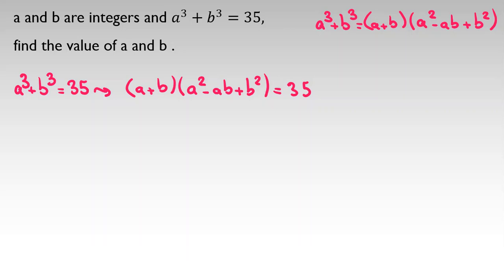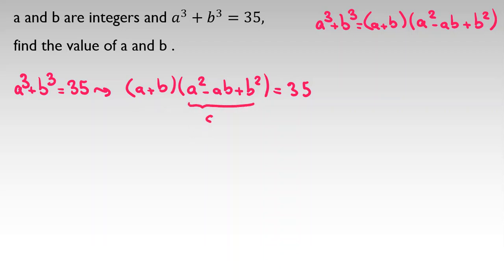One way is to consider which one is positive and which one is negative. Another way, this part is good. If A plus B is 5, we can check the cases, but after that you should consider this other part. It's a little hard to work with, so let's focus on this.